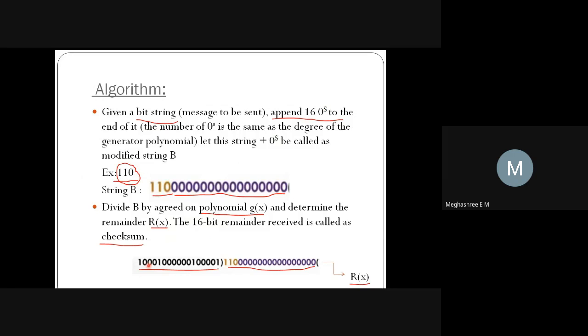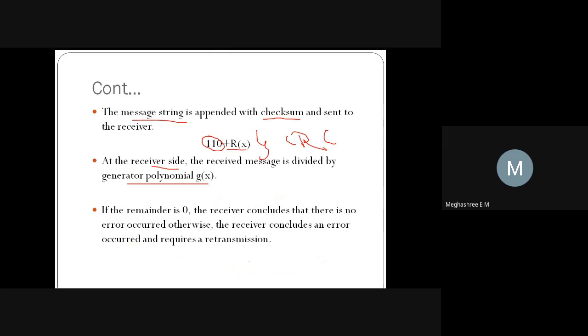At the sender side we perform the division operation, and at the receiver side we also perform the division operation using the same g of x. Once you perform the division, if the remainder is 0, then the receiver concludes that there are no errors.